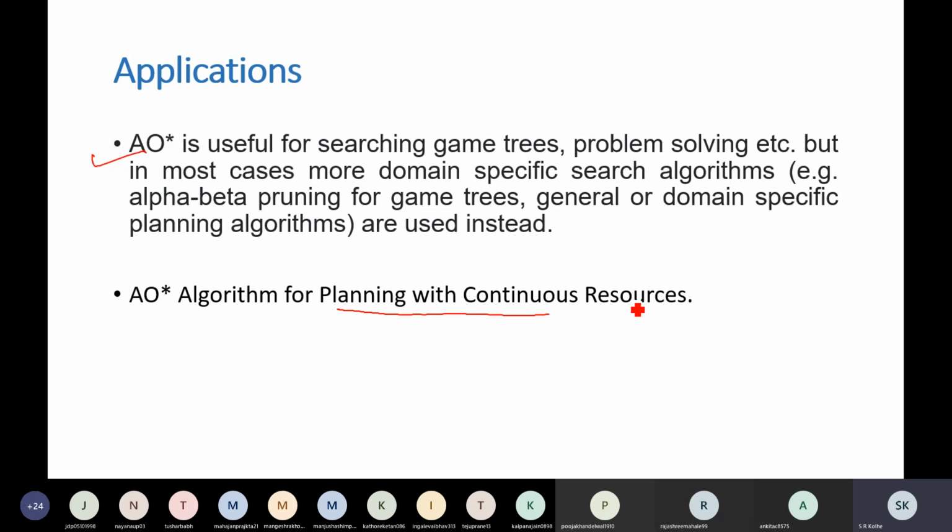Direct applications are difficult to identify, but indirectly we can say that for solving game trees this algorithm is useful. That is our next unit. What are game trees, we will discuss in the next unit.